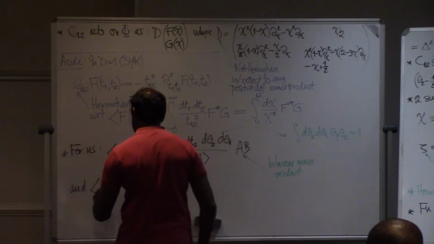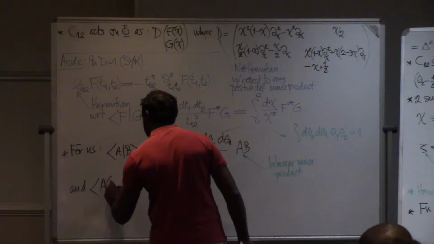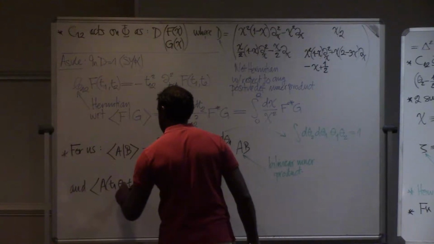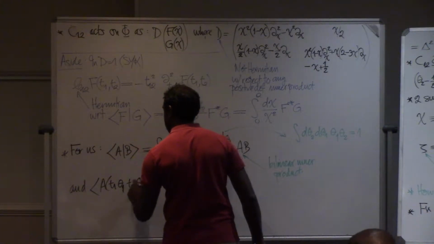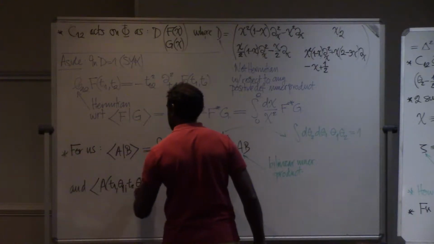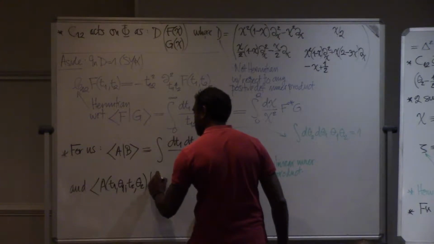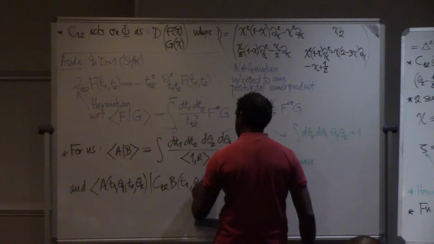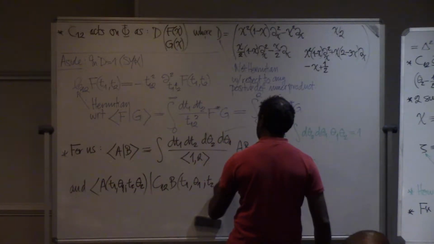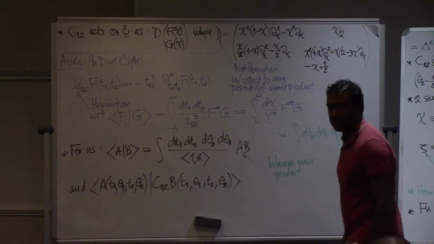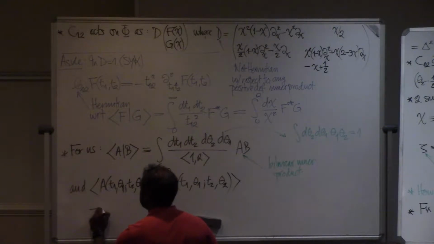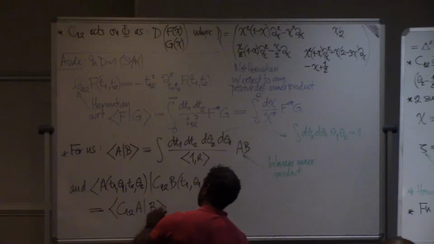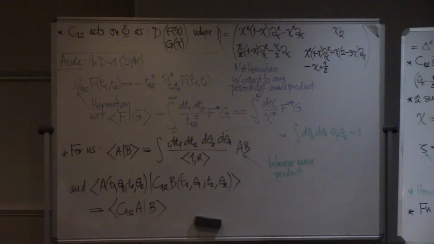If I take some A of T1, theta 1, T2, theta 2, inner product with C12 acting on B of T1, theta 1, T2, theta 2, then this is the same as C12 acting on A inner product B. That's what I mean when I say it's Hermitian with respect to this particular inner product.